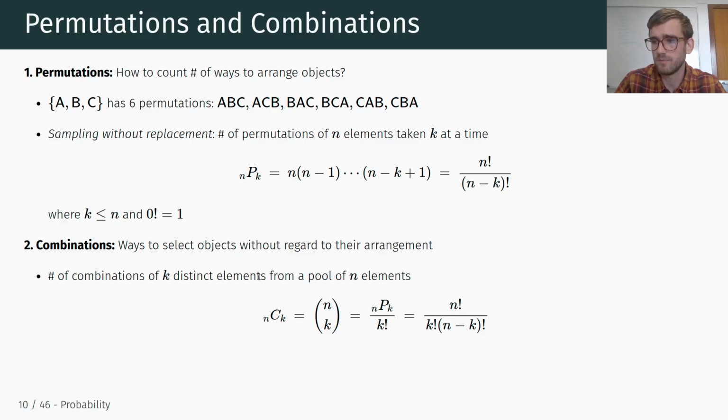The notation here is n choose k, which is equal to the number of permutations, n permute k, divided by k factorial. If you plug this in, you get n factorial divided by k factorial times n minus k factorial. Okay, so those are the basic rules, and we're going to look at an example in a second.